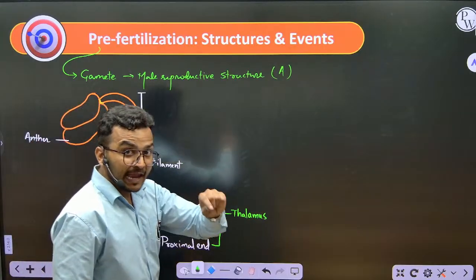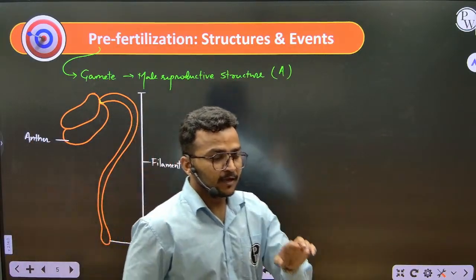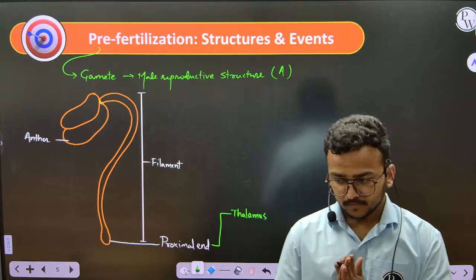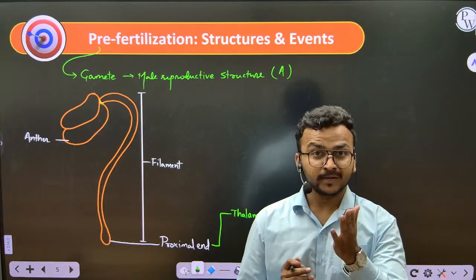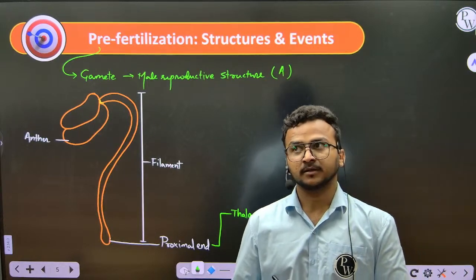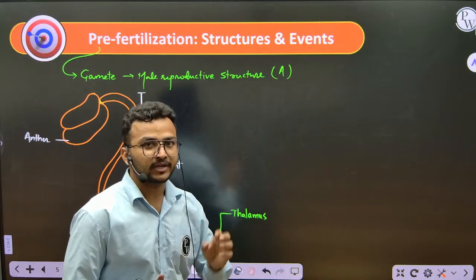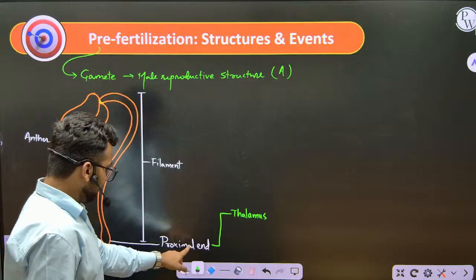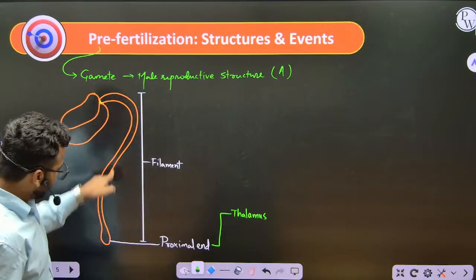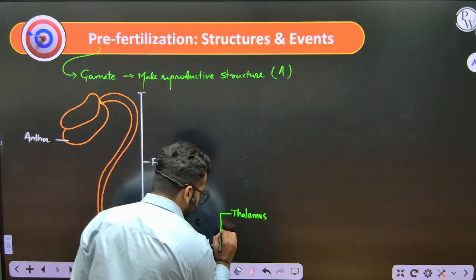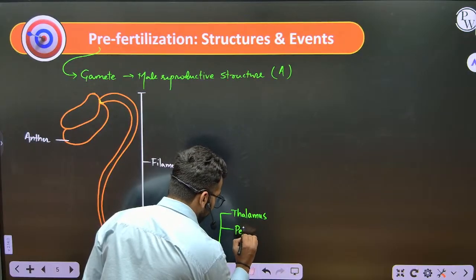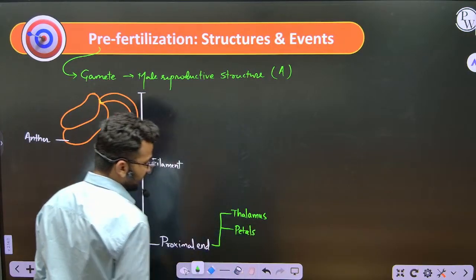In some plants, like the flowers of tomato or brinjal, the stamens are attached to the petals.